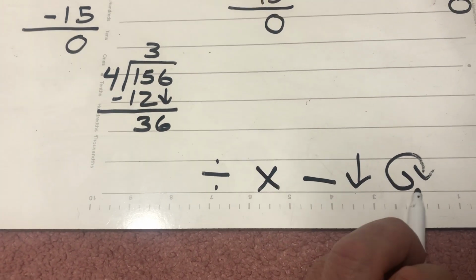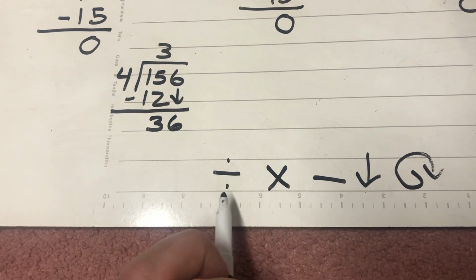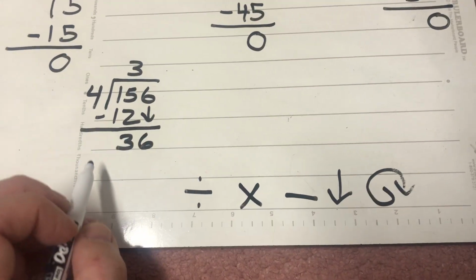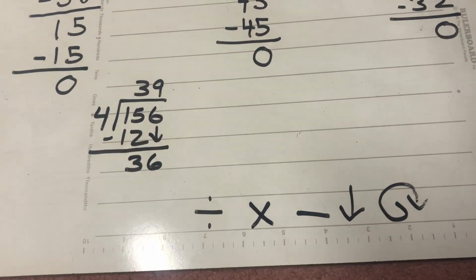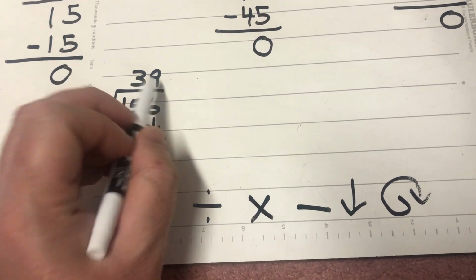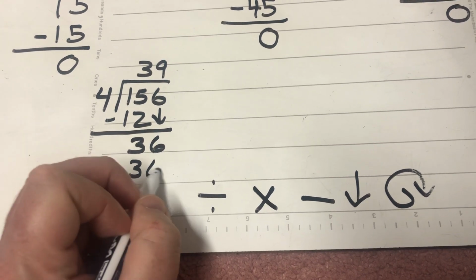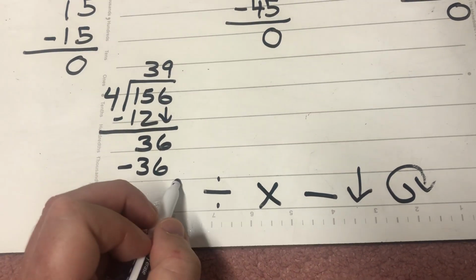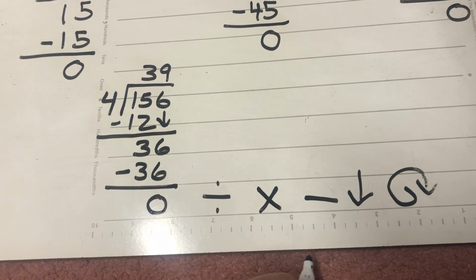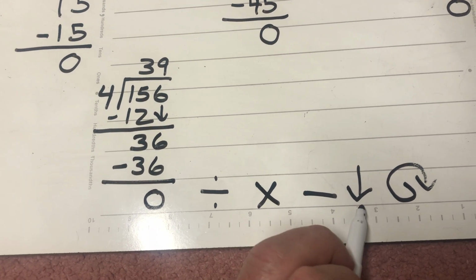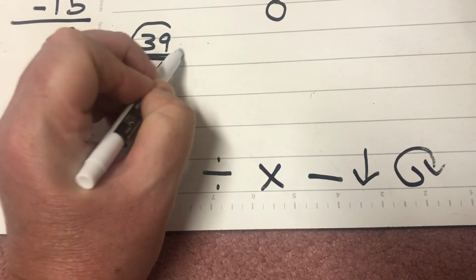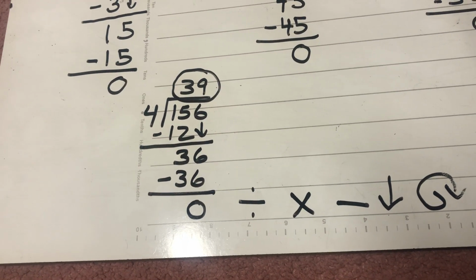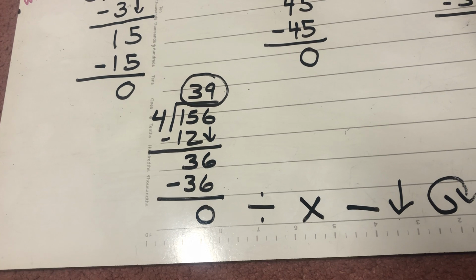And as long as I can bring down, I start over again, which means I go back to division. 4 can go into 36, I believe. That's 9 times. 4 times 9 is 36. 36 minus 36 is 0. There are no numbers left to bring down, so I cannot start over. Looks like Sally took 39 crafts to each craft fair.